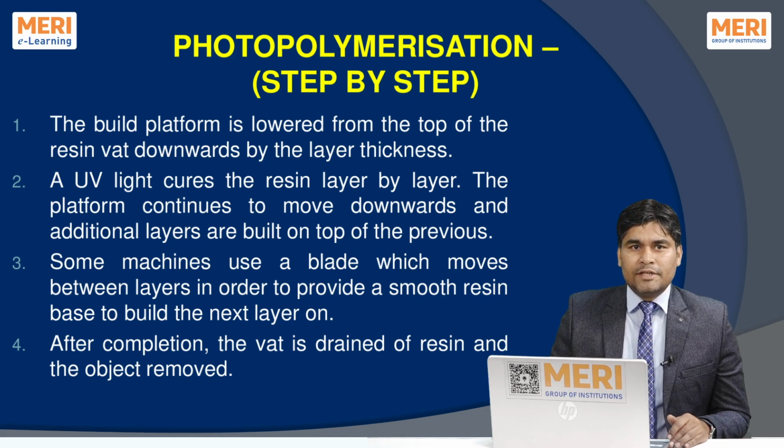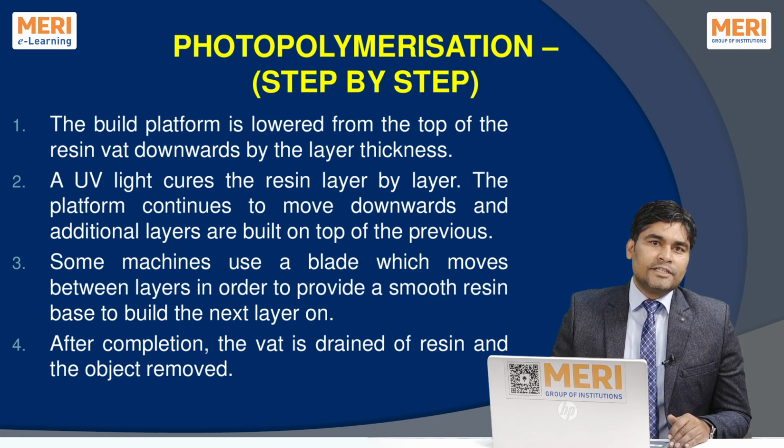Finally, once the printing process is completed, the excess resin is drained from the vat and the printed object is carefully removed from the build platform. The component is usually cleaned and sometimes subjected to additional curing to improve its mechanical strength and final quality.